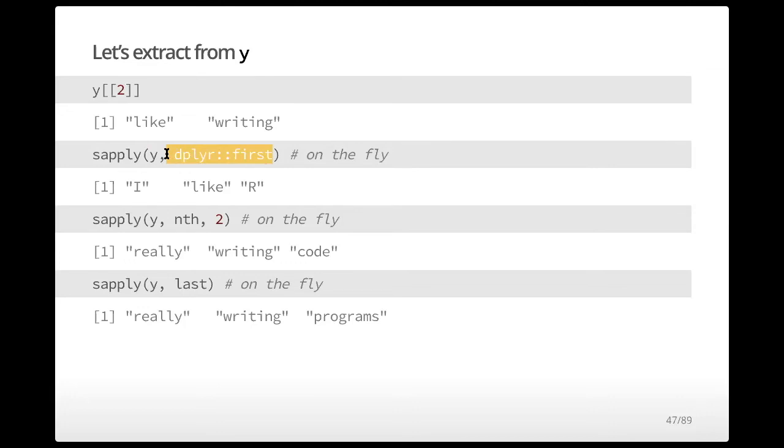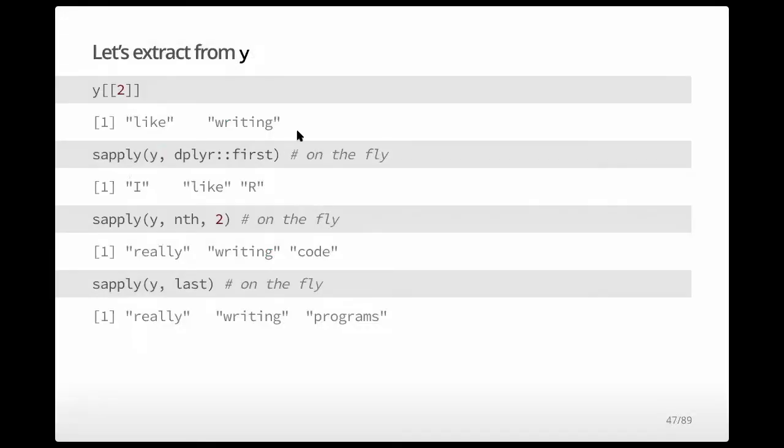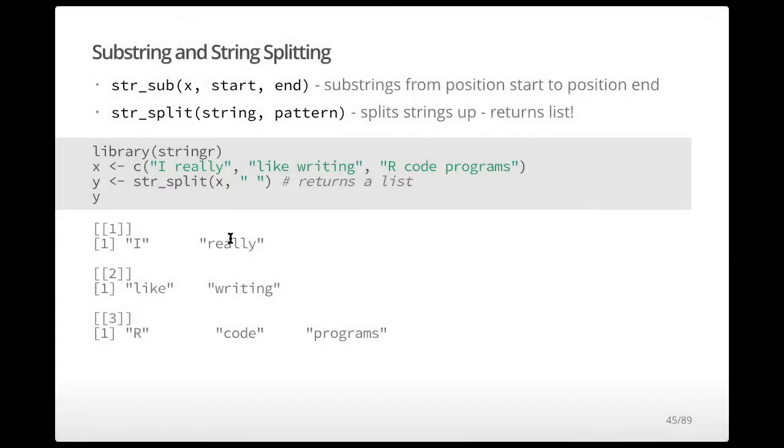The first command extracts the very first element of that vector. So here, remember, it's I really like writing code. If we say first, this is the first element, this is the first element, this is the first element. So it loops through each one of them and gives us the first element. Alternatively, we could use nth, and we say, hey, I want you to grab the second element. If we go back, this is the second element, this is the second element, this is the second element.